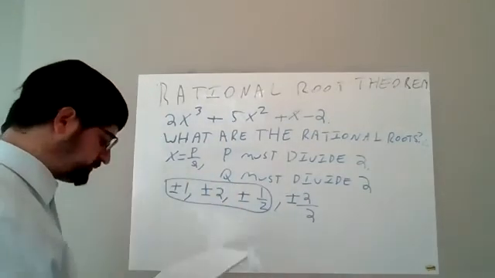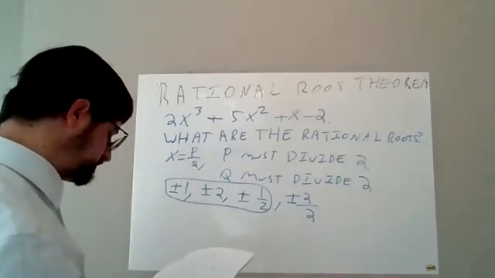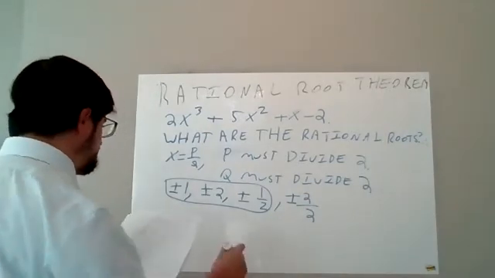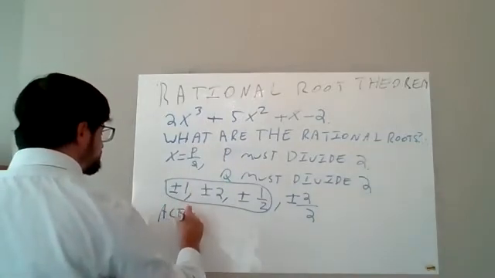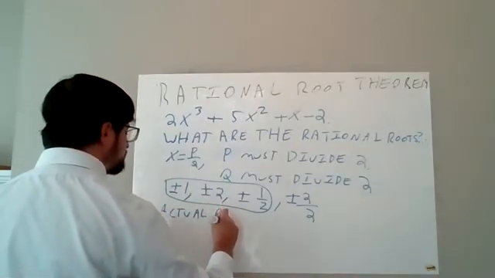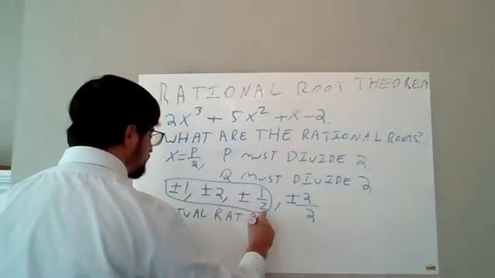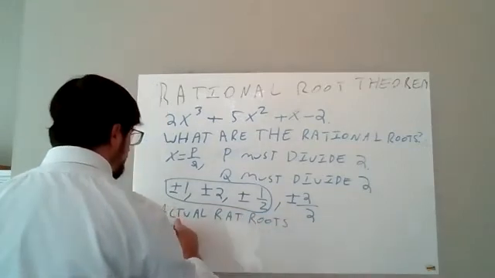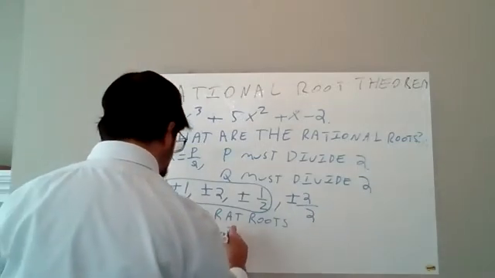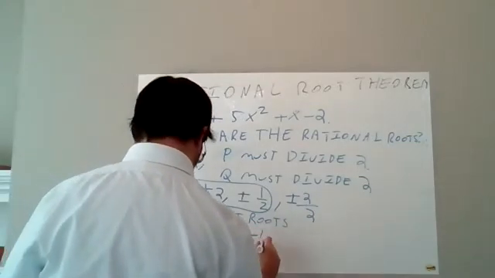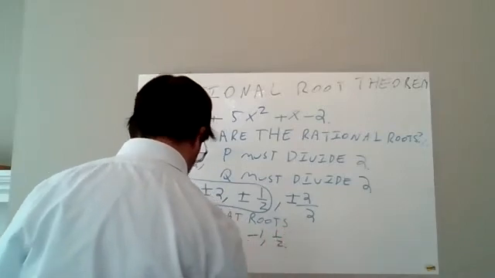And if we do the arithmetic, we'll actually find that the actual rational roots here are -2, -1, and 1/2.